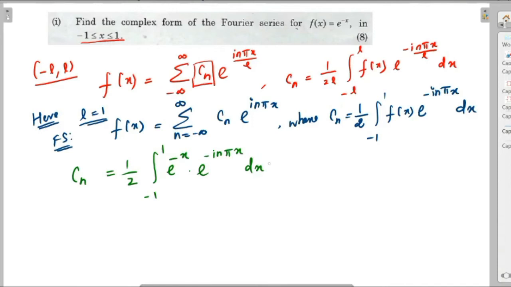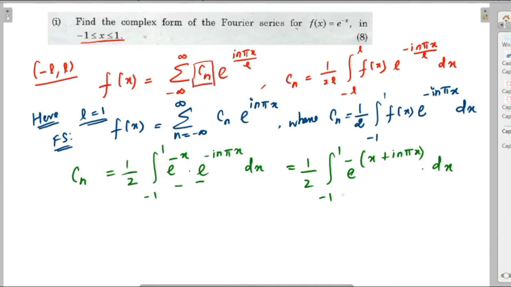Next, I'm going to multiply these two terms. So 1 by 2 integral from minus 1 to plus 1 e power, if you take minus as a common term, minus of x plus i n pi x dx.